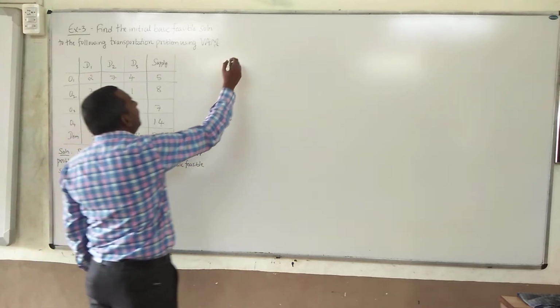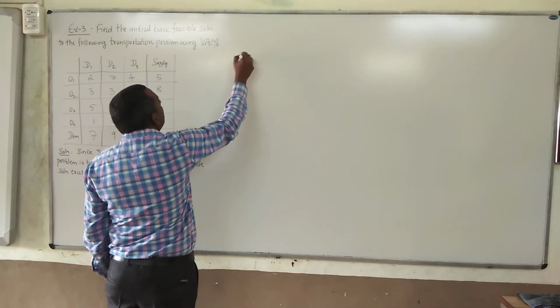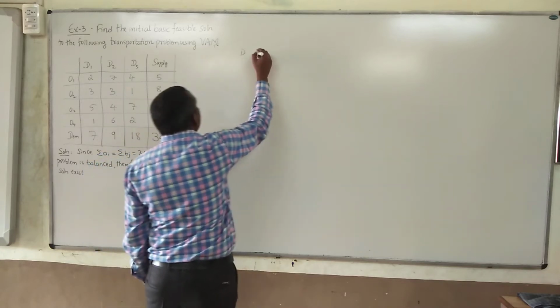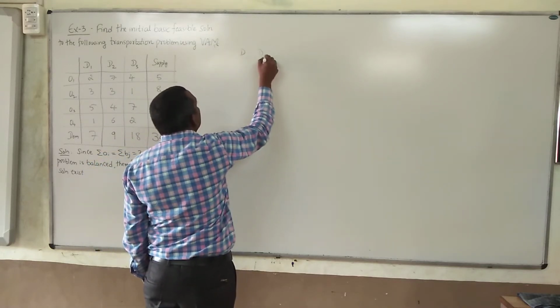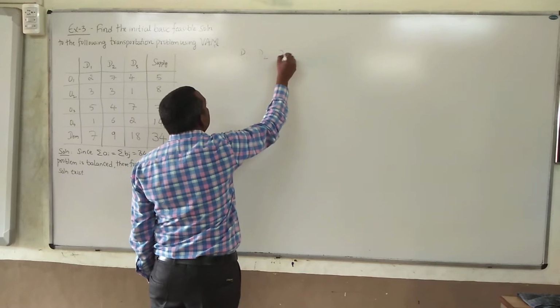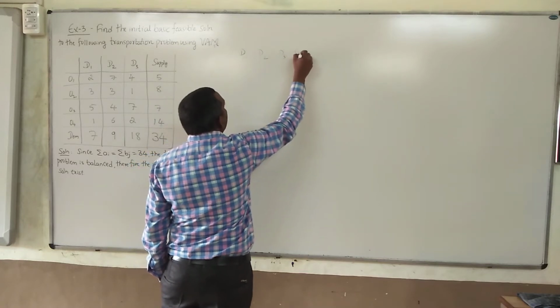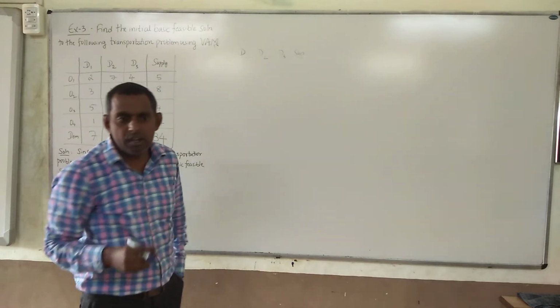So let me take D1, followed by D2, followed by D3, and then supply. I think it is not writing. Wait.